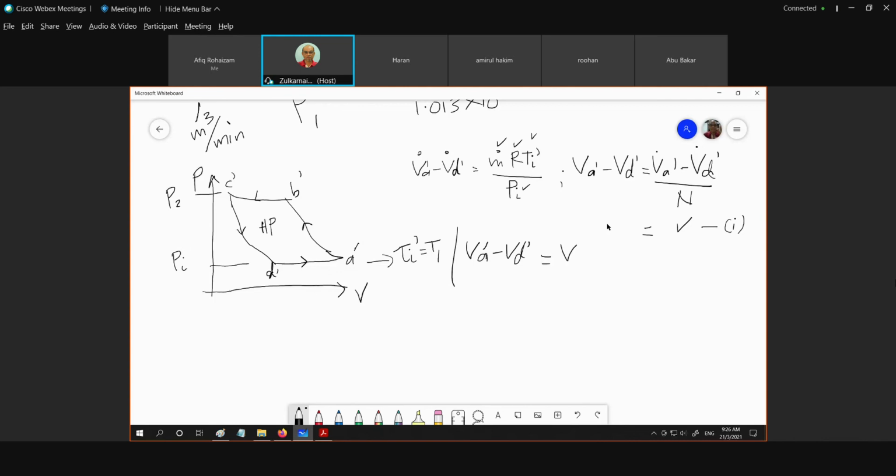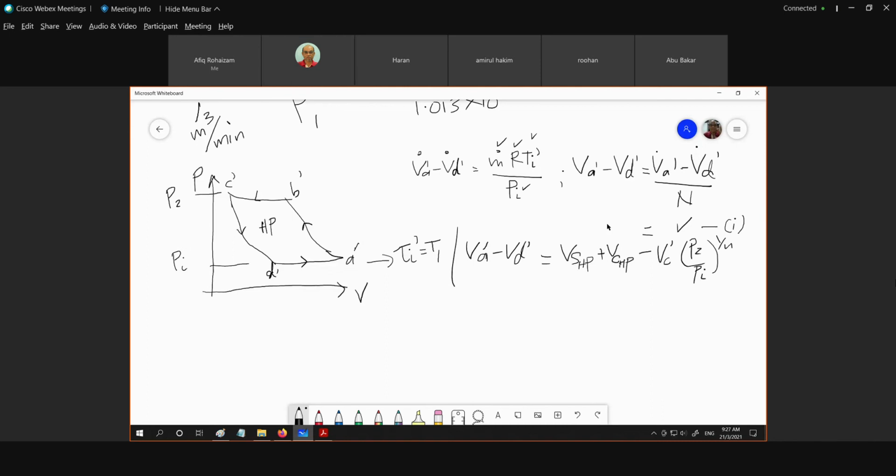VA adalah VS high pressure, campur dengan VC high pressure, tolak dengan VC prime, P2 over P1, 1 over N.